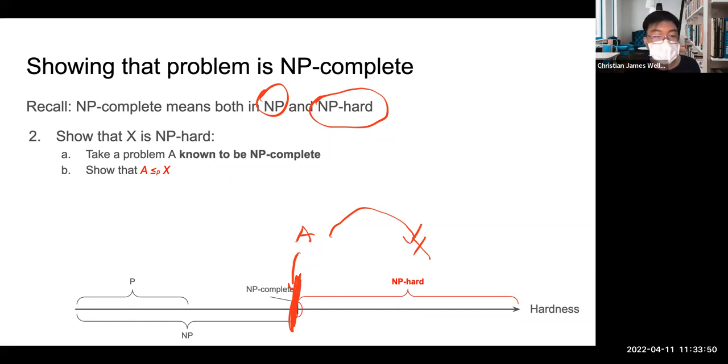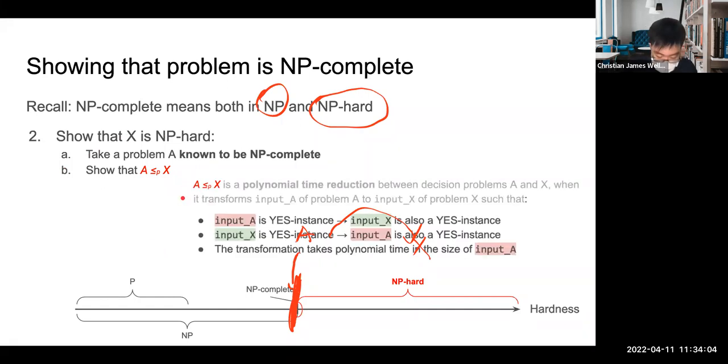A reduction is a transformation. When you reduce from A to X, you transform the input of A into an input of X.